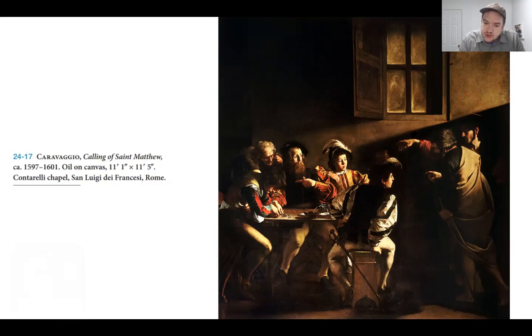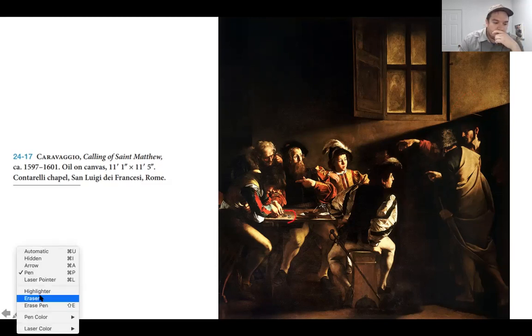And then he's gesturing here and pointing towards this guy, who's Levi. At this point, he hasn't become St. Matthew yet. He's still a regular guy, and he has a job. He was a tax collector. So these guys are sitting in a bar counting out this money here.